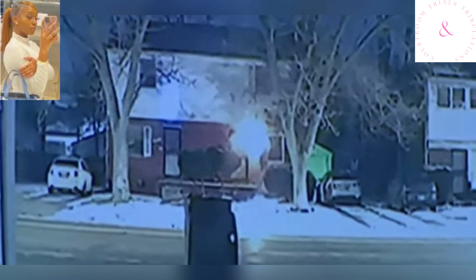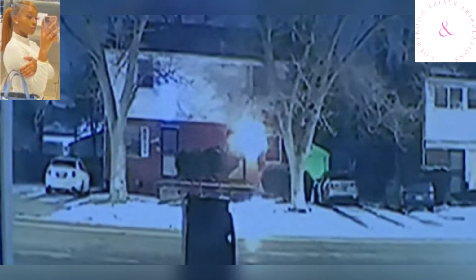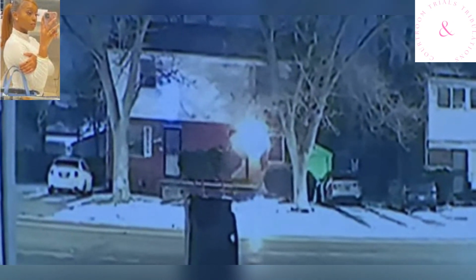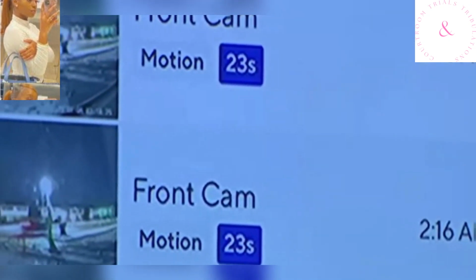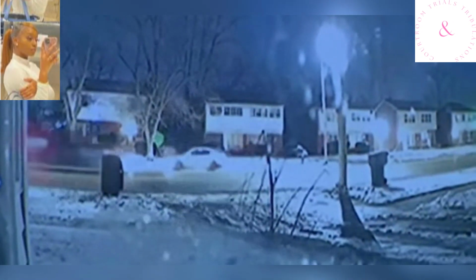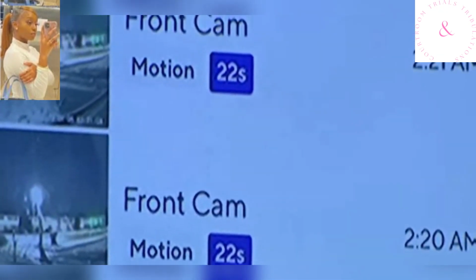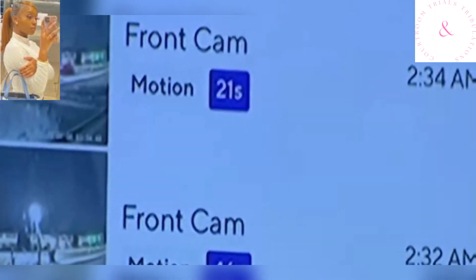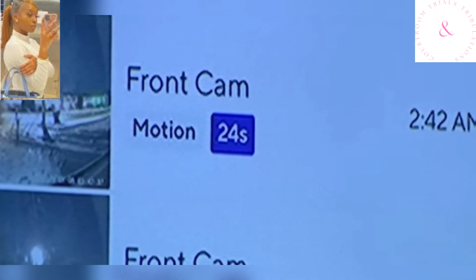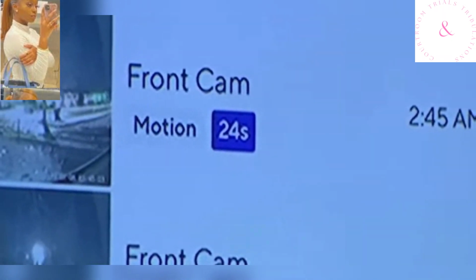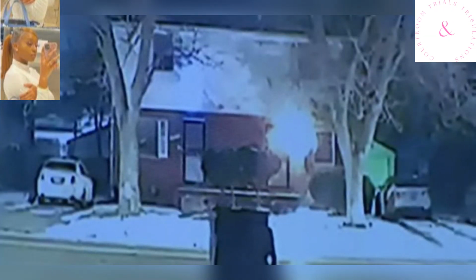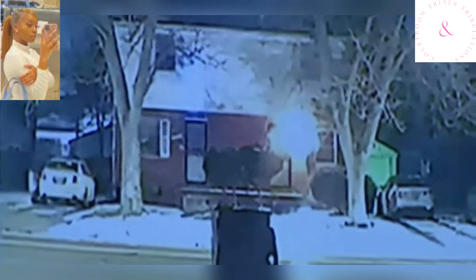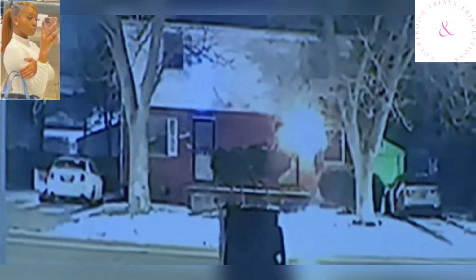Yes. And now we're at 2:42 a.m., is that correct? Correct. And is the car still in the driveway? Yes.